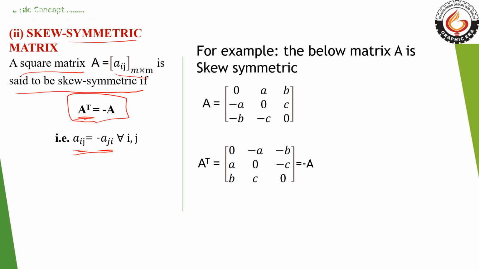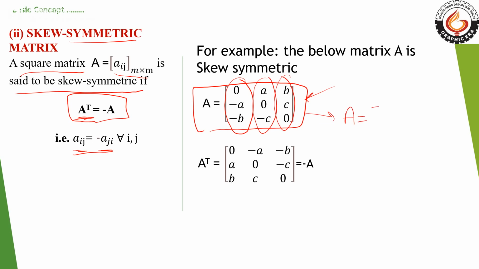For example, the below matrix A is a skew symmetric matrix, because if we interchange the columns into rows, we get A transpose as 0, -A, -B; A, 0, -C; B, C, 0.